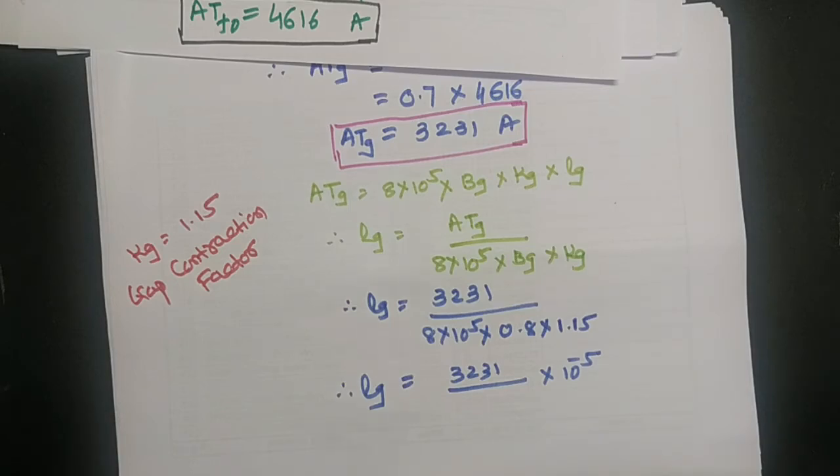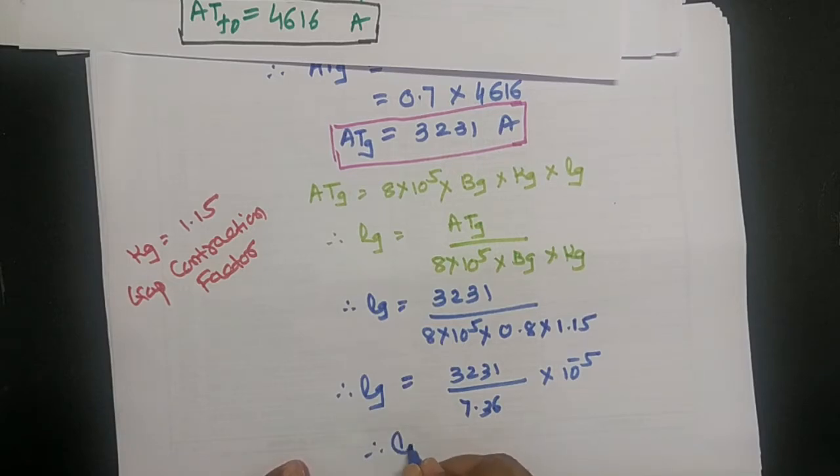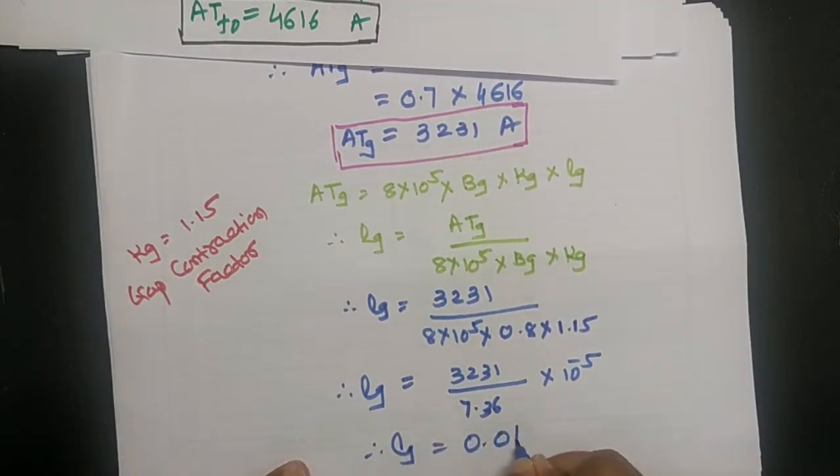So 8 multiplied by 0.8 multiplied by 1.15 is 7.36, and 3231 divided by 7.36 is 438, multiplied by 10 raised to minus 5, so it comes to 0.043. So lg is equal to 0.043.